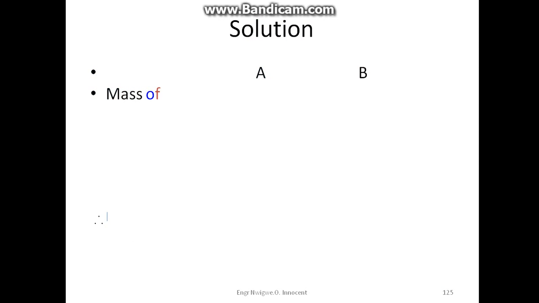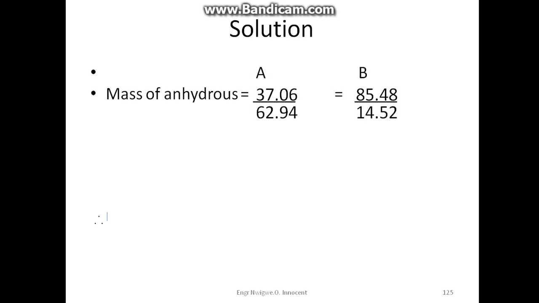Mass of anhydrous A is equal to 37.06 divided by 62.95. For that of B, it is 85.48 divided by 14.52, which gives us 0.59 over 1 and 5.88 over 1.